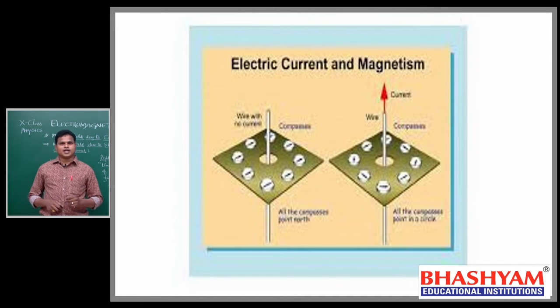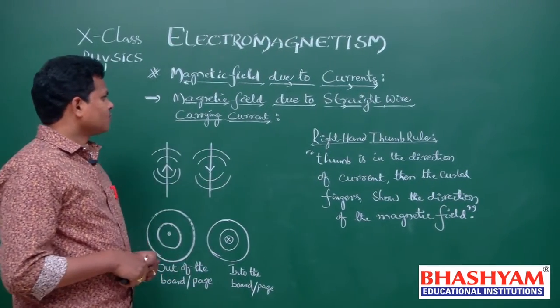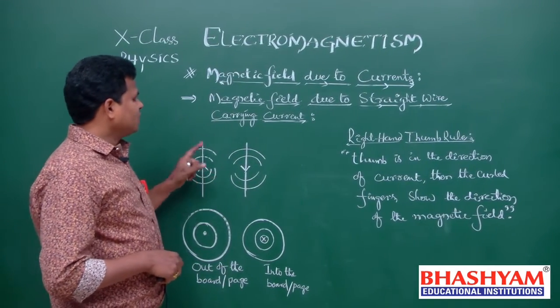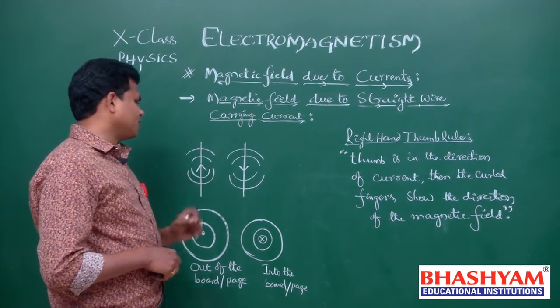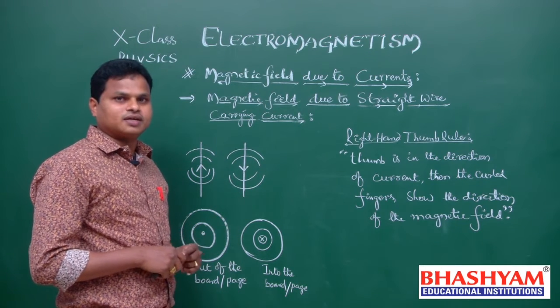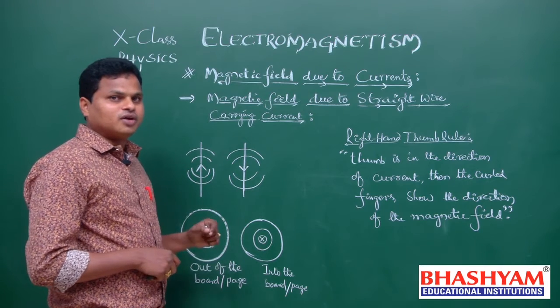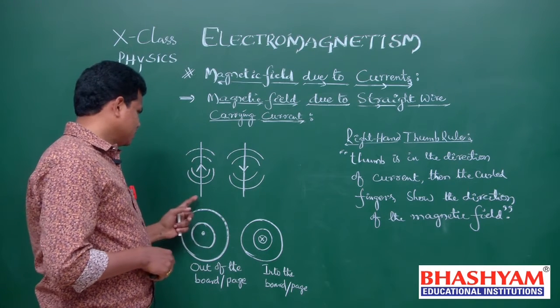Now, look at the board. We know that when the current passes through the wire, a magnetic field is produced around the conductor. Now, what is the direction of the magnetic field due to the straight wire? This is the straight wire.